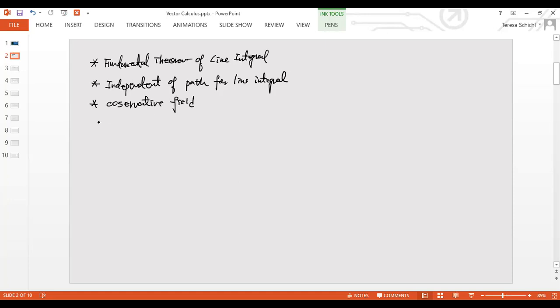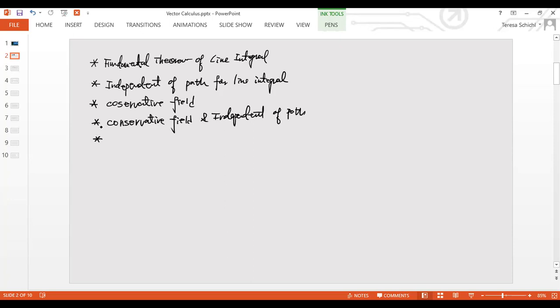We want to take a look at the relation between the conservative field and independence of the path. Do they have some relation here?